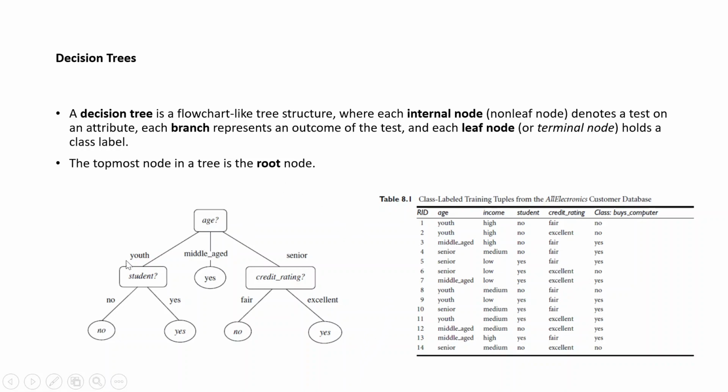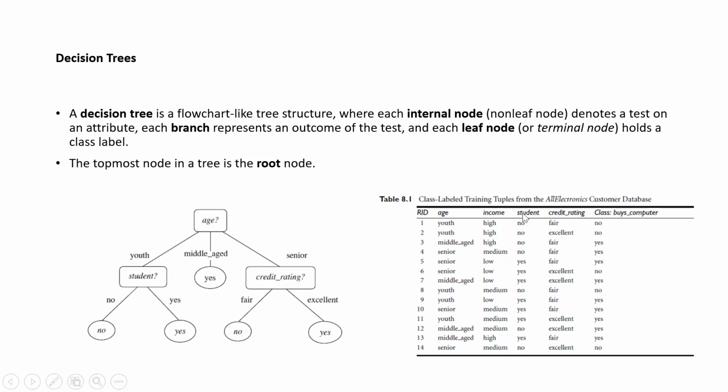Here internal nodes are for testing. The leaf nodes represent the class to which the particular data item belongs, and each branch represents the possible outcomes of the test. In this example, this is a data set from which we have constructed this decision tree. Age can have values youth, middle aged or senior, and income can be high, medium or low.